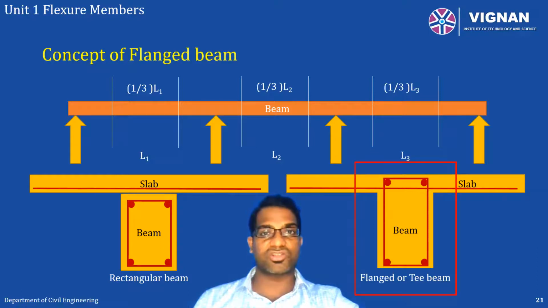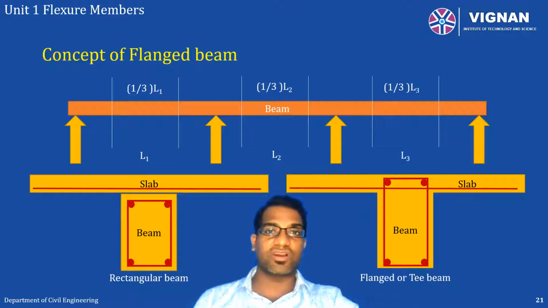Whereas in flanged sections, when you cast concrete in the beam and slab monolithically, monolithically means concrete is casted simultaneously both in slab and beam. When this happens, a portion of the top reinforcement is embedded into the slab. This makes the beam a T-beam because there is a monolithic connection between the slab and the beam.